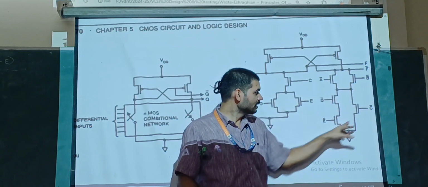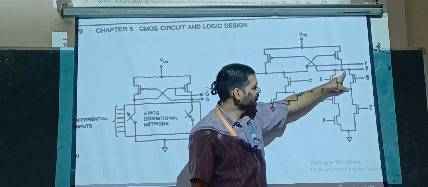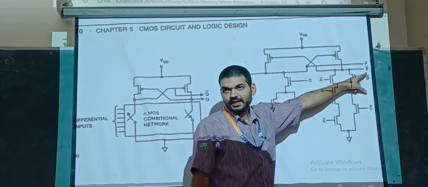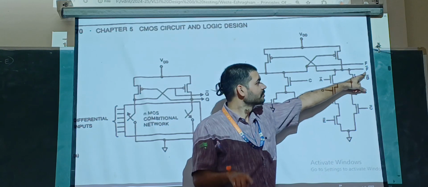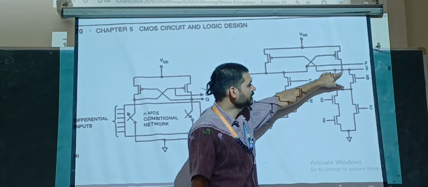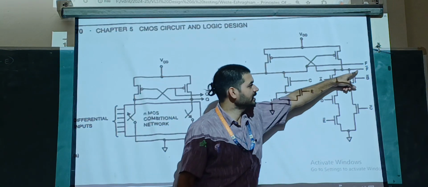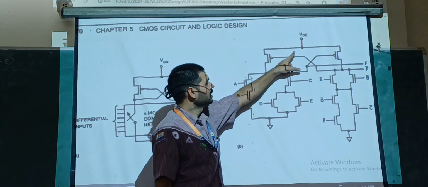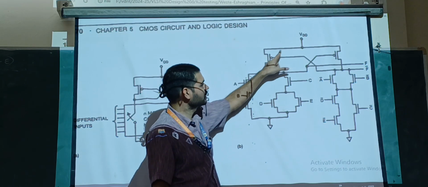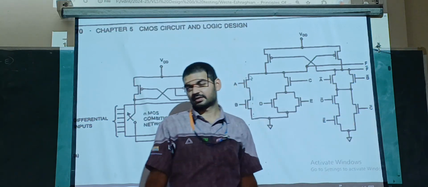When all are on here and all are off there, if zero is connected to this point, F bar is 0. That F bar is connected to this MOSFET, and because I am getting 0 here, this MOSFET is on. Therefore, VDD is getting passed and F will be 1.